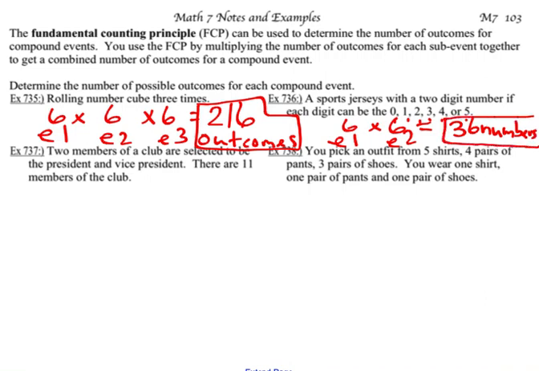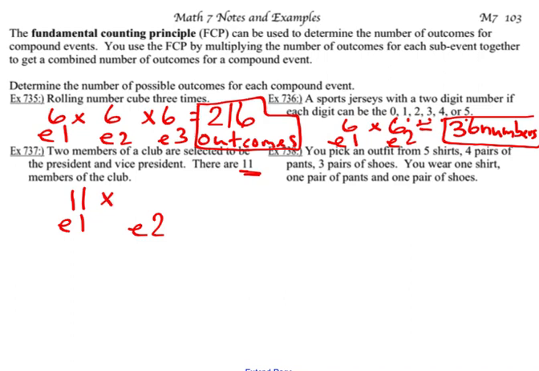Okay, next example. 2 members of a club are selected to be the president and vice president. There are 11 members of the club. So event 1 would be picking the president and event 2 the vice president. Now this actually is a dependent event. For the president, any of the 11 members could be picked.